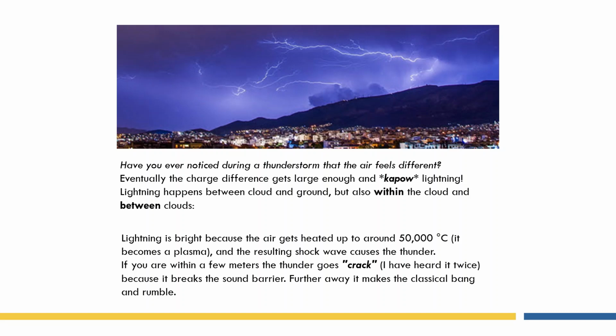At that temperature the air becomes plasma, which is another state of matter that is really bright. That plasma can break the sound barrier, and then you hear the rumble and bang after you see the lightning.